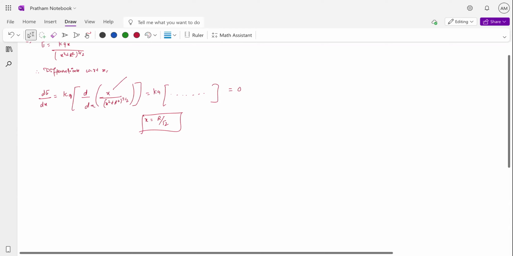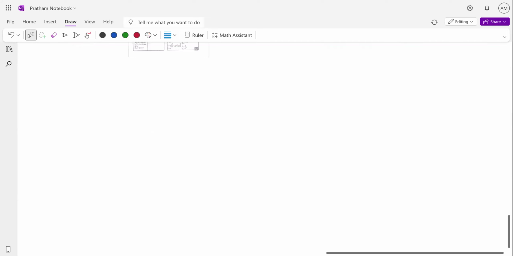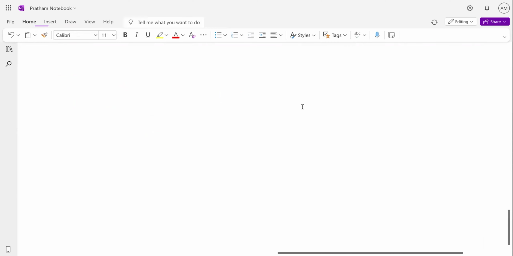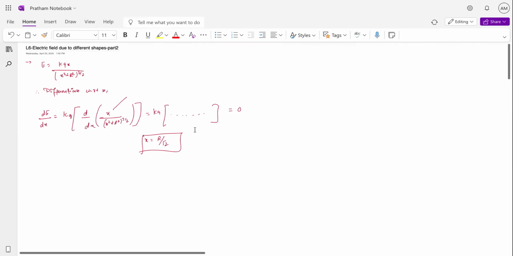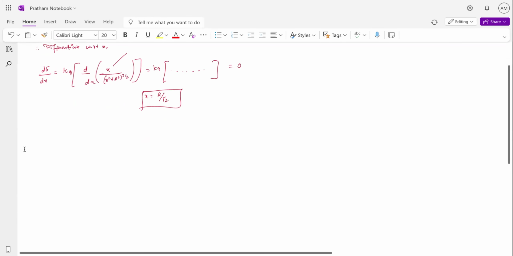Okay, so I'll be sharing it within a minute here itself, the screen. Some useful results. Yes, is it? There it is. Okay, Pratham, so I'm just sharing.